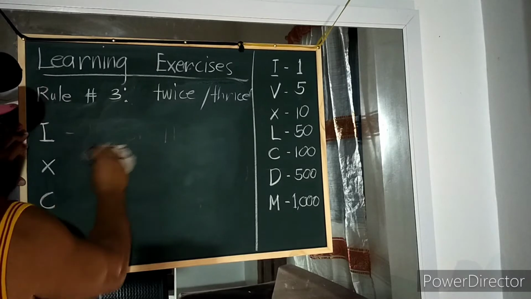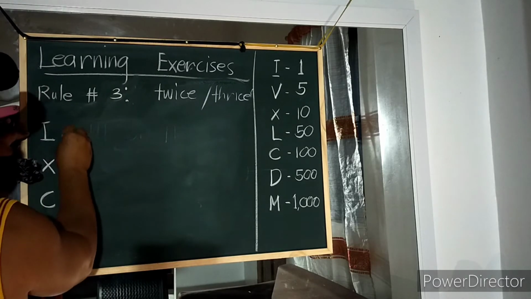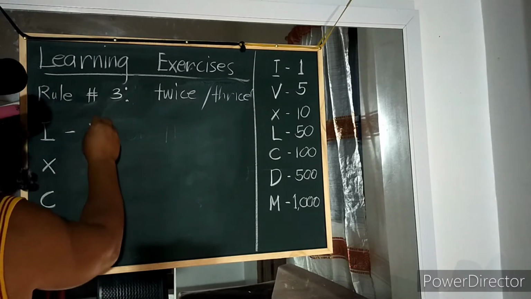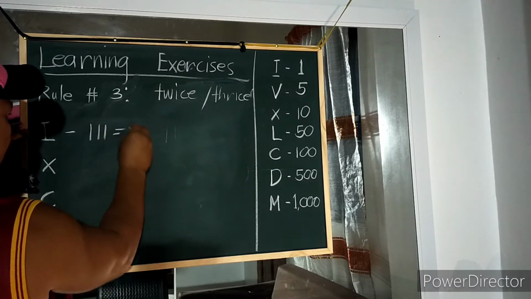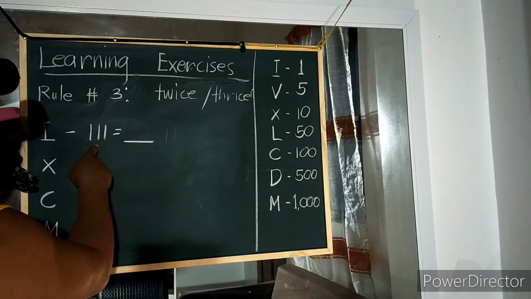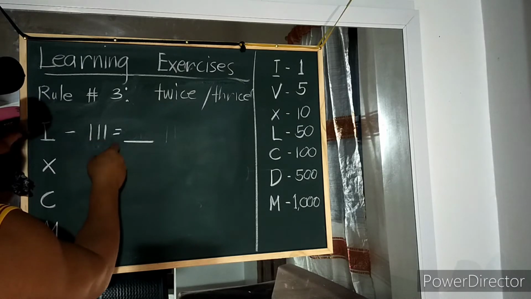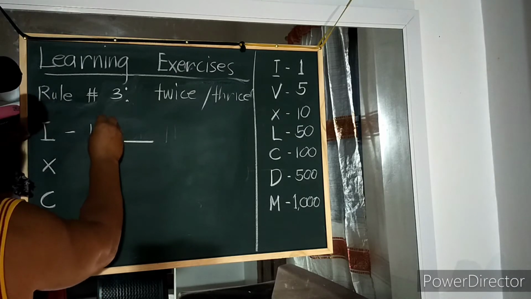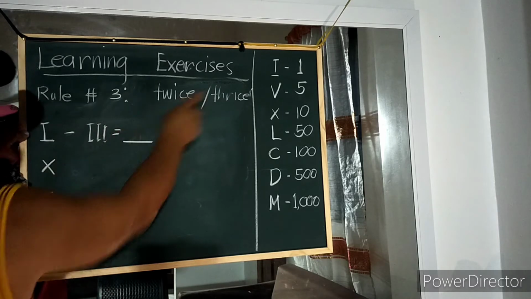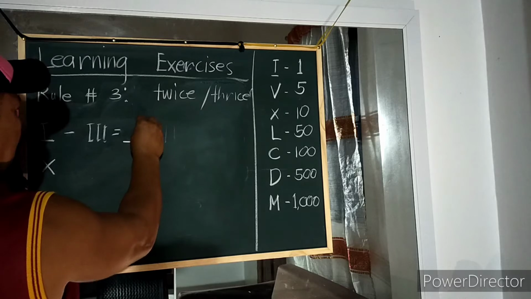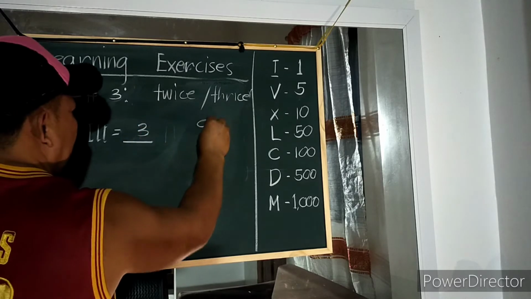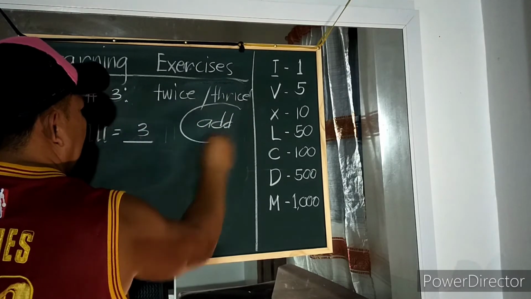Now, what will you do if these letters are written in succession? So, here in the first example, we have 3 I's. What's the value of I? That is 1. So, 1 plus 1 plus 1, that is 3. So, all you're going to do is add.